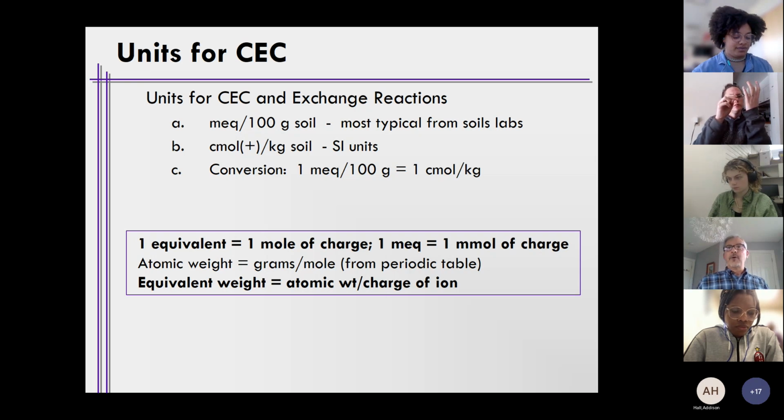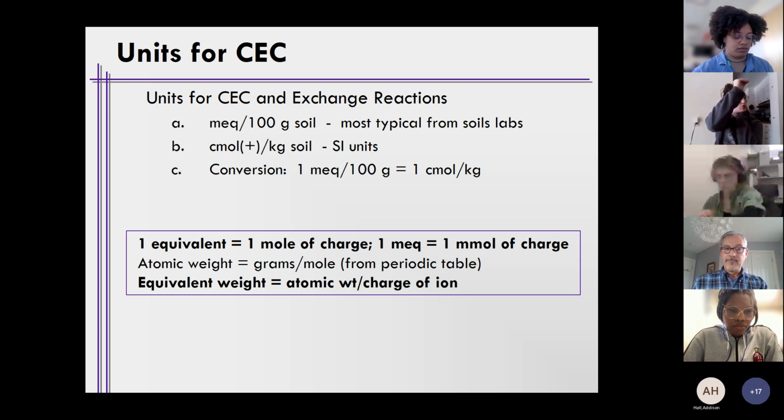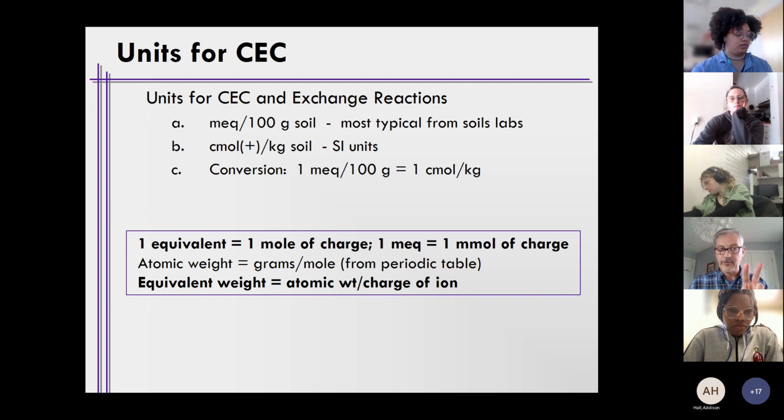So what is this? Milliequivalents per 100 grams is a unit of charge. And this unit of charge deals with something called equivalent weights. And we talked about equivalent weights really, really simply when we were talking about liming acid soils, right? We talked about the equivalent weight of calcium carbonate being 50. And that was the molecular weight divided by the number of hydrogen ions that were kicked off exchange sites by calcium. Calcium was a +2 charge, and it kicks off 2 hydrogens from exchange sites.